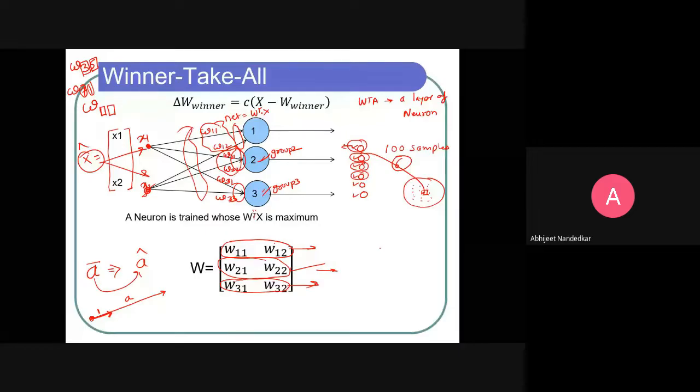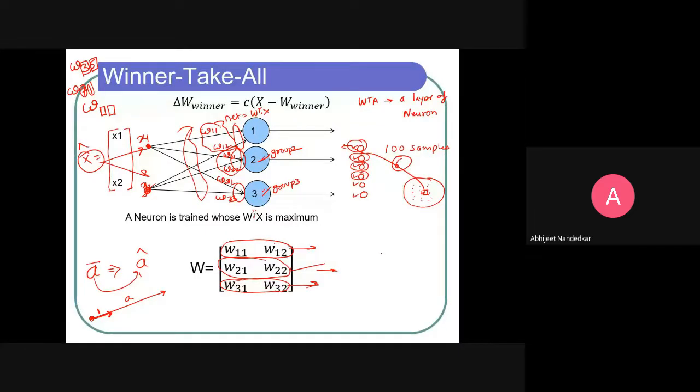When training is done and we have all centroids, say this is group 1, this is group 2, maybe this is group 3. Say there are 3 neurons in my layer, so these are 3 groups. Now whenever there is an unknown sample, say X test appears here, you will see which is the nearest centroid to this X test.